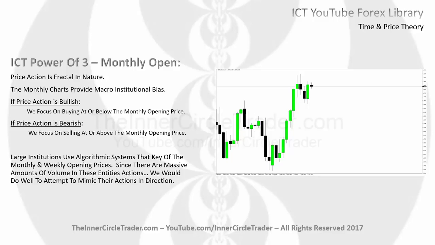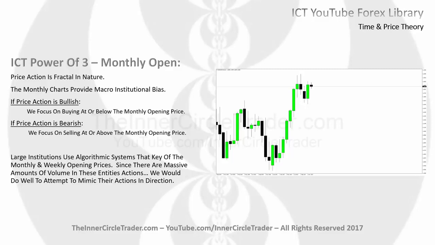In a nutshell, if we are doing our analysis on the monthly chart and we deem that monthly chart to be bullish, we as traders and analysts look for buying opportunities at the opening price or below the opening price. If we have come to the conclusion that the perspective on the monthly is bearish, then we are focusing our analysis on selling short at or above the monthly opening price.